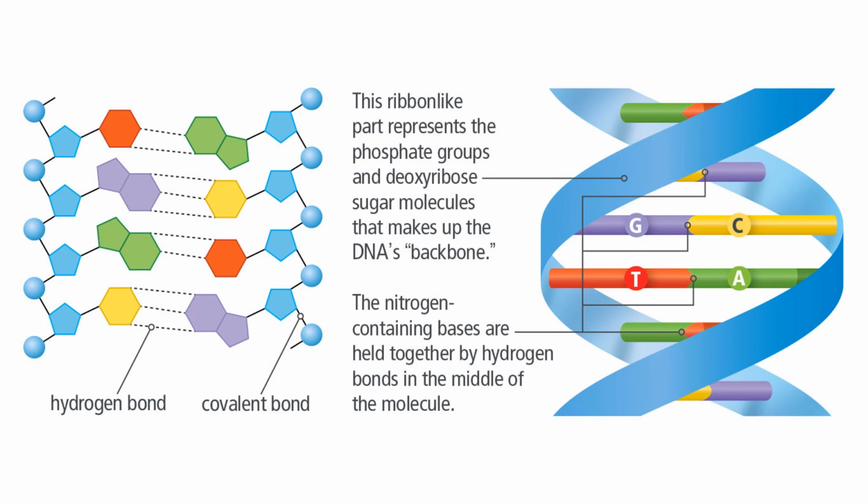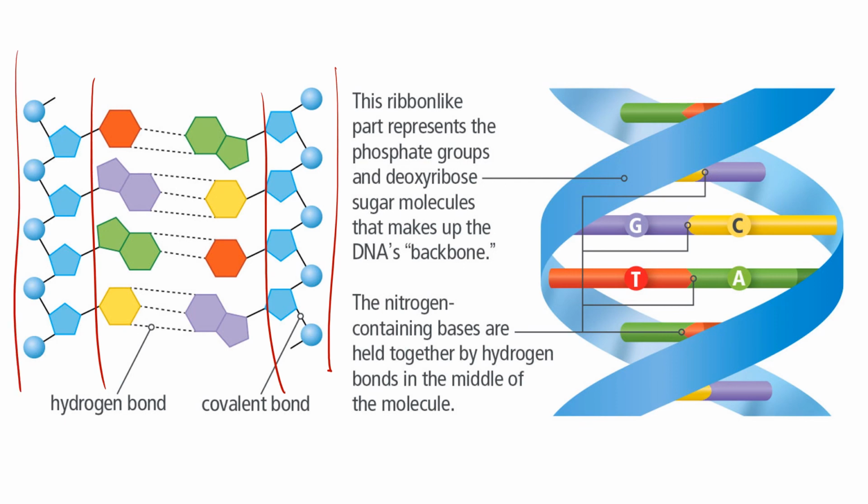So you see we have our covalent bonds here along the side, and that's going to be our backbone. So these are the backbones, and then these are the hydrogen bonds connecting the nitrogen bases. So I like to think of DNA as kind of like a twisty ladder, right? A ladder at a fun house. So the sides of the ladder are here, and that's going to be the backbone.